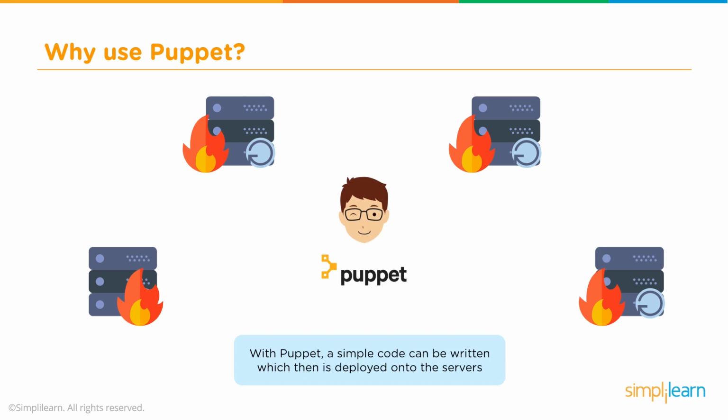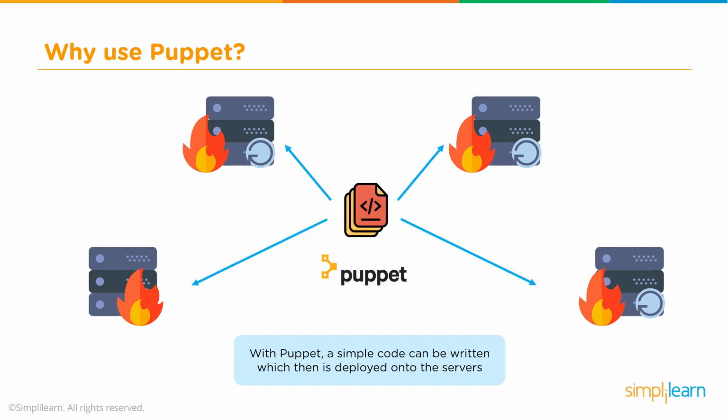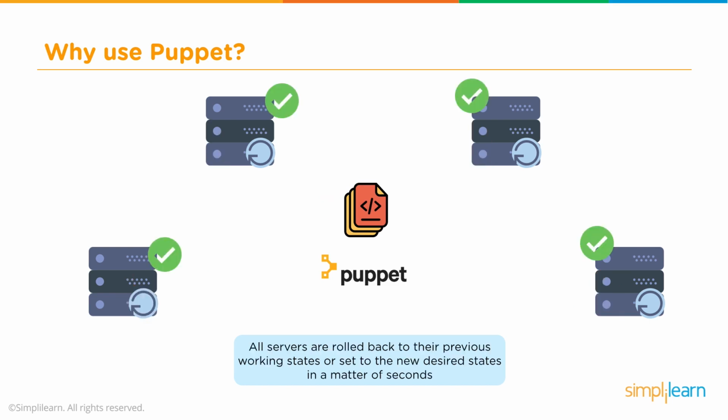Here is where Puppet shows its strength. With Puppet, all you have to do is write a simple script that can be written with Ruby and write out and deploy to the servers your settings for each of those servers. The code gets pushed out to the servers that are having problems, and then you can choose to either roll back those servers to their previous working states or set them to a new state and do all of this in a matter of seconds.